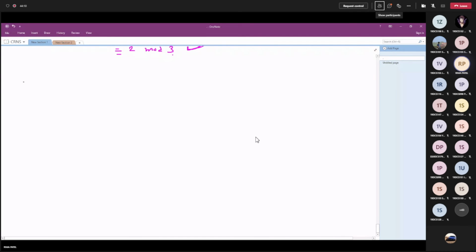So you can note this down while I'm writing Rabin crypto system. The very first step is key generation.